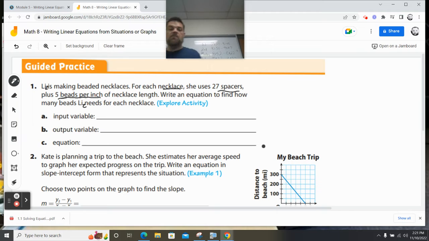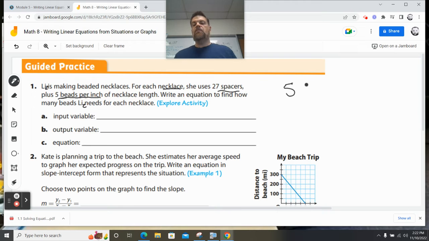All right, so what's the input value variable? There's two things, right? There's an input and an output. Well, let's start with this.